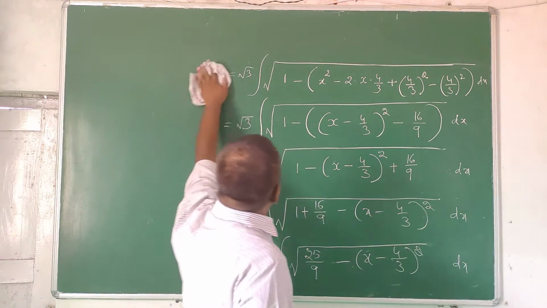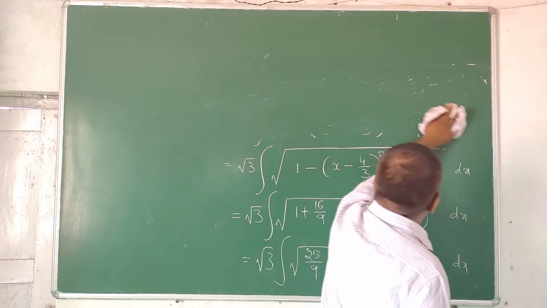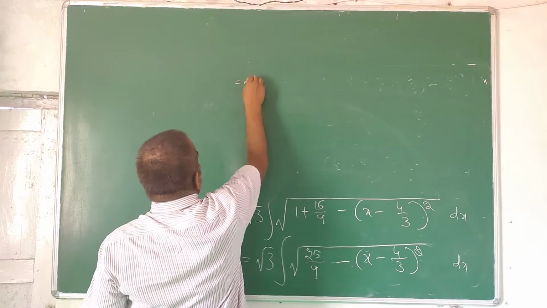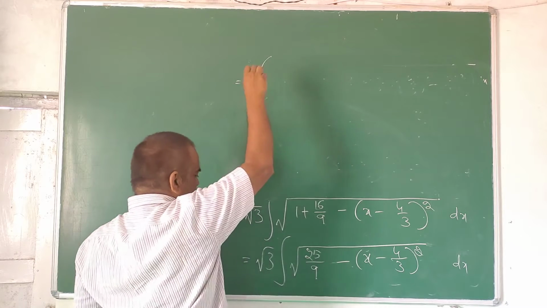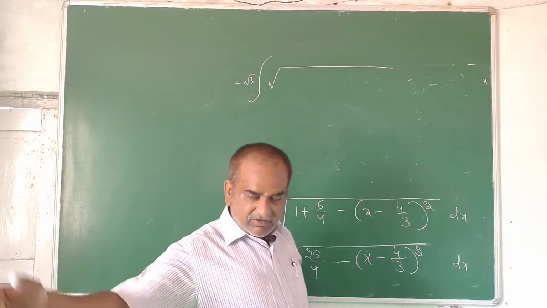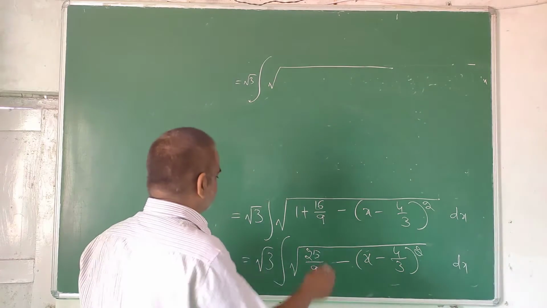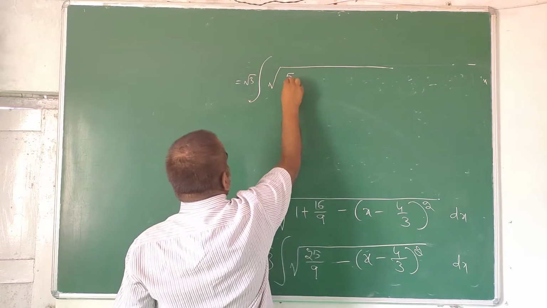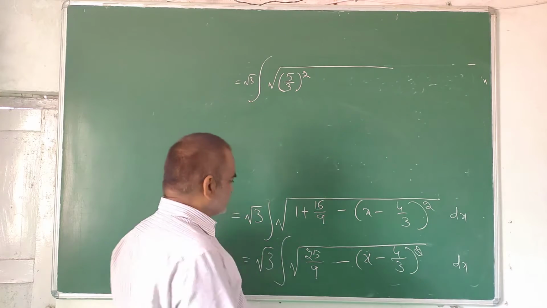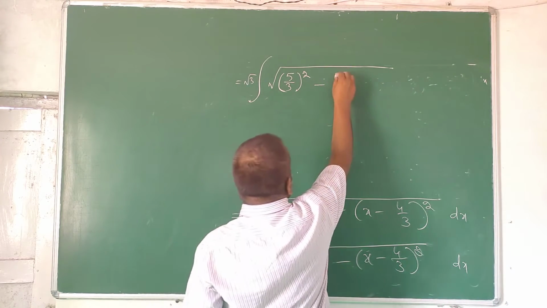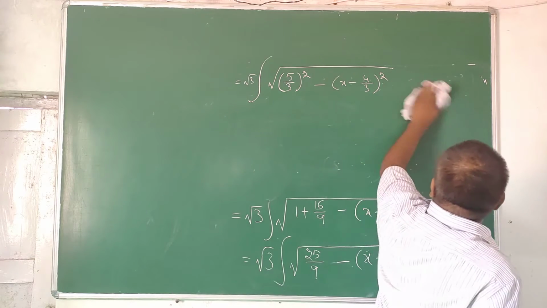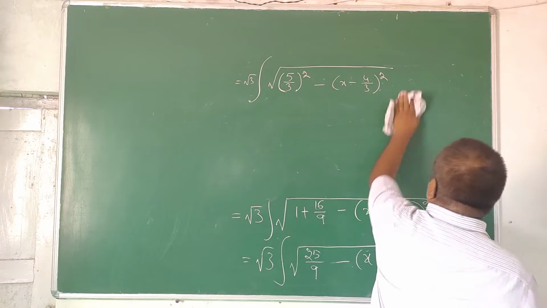So now this is equal to root 3 into integral root over 25 by 9 can be written as 5 by 3 whole square. 5 square is 25, 3 square is 9, minus x minus 4 by 3 whole square dx.